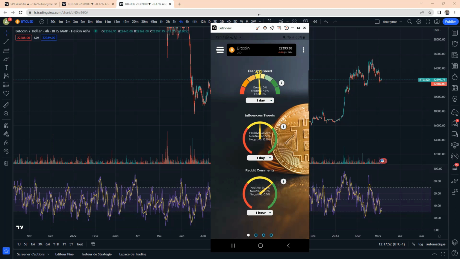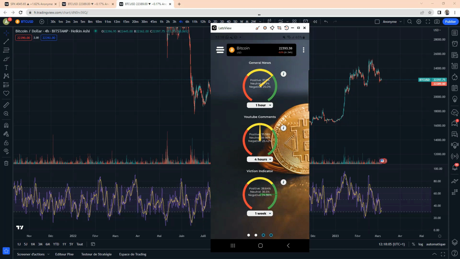The machine learning algorithm is scouting all the Reddit comments, and it gives the polarity depending on the comments in the Reddit. So it's positive, neutral. We did the same thing for the news, like general news, mainstream media, to get the polarity of what is going on in the mainstream media.